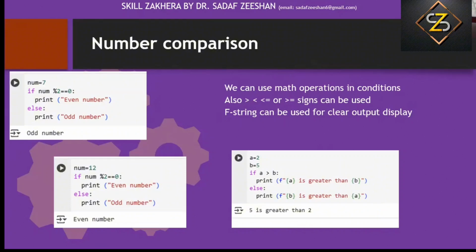If A is greater than B, this is going to be printed, else it is going to print F string, B is greater than A. Since the else condition is true here, it is going to display 5, which is the replacement of variable B, is greater than 2, which is the replacement of variable A.